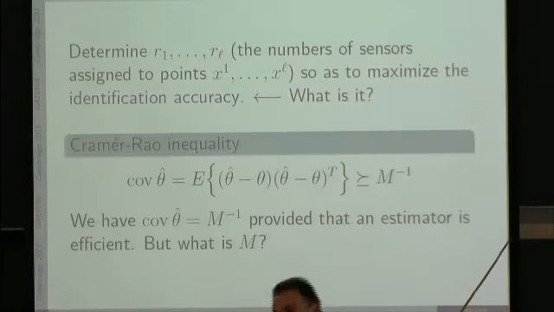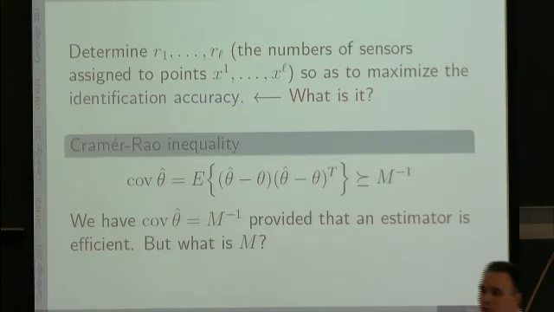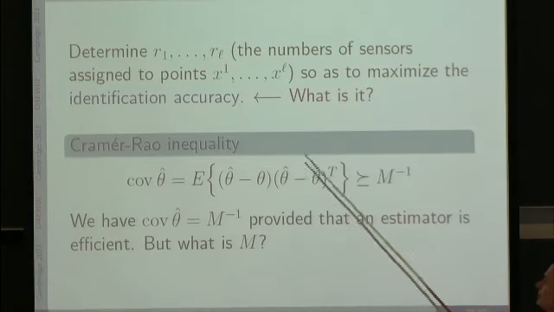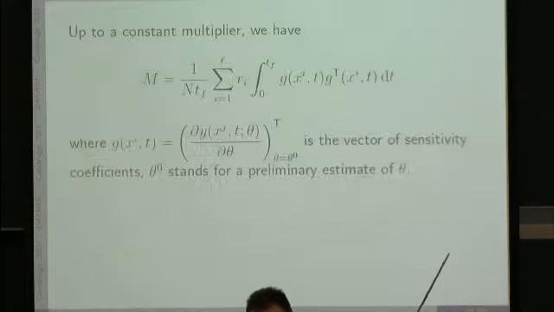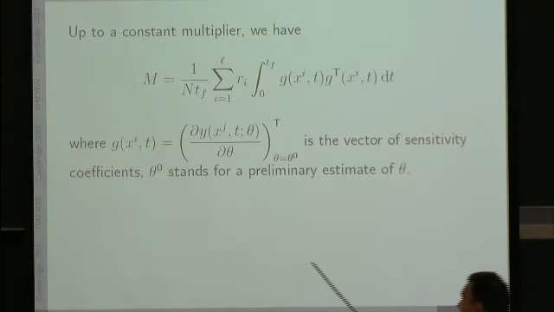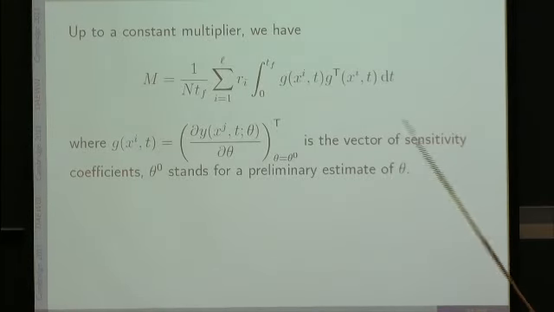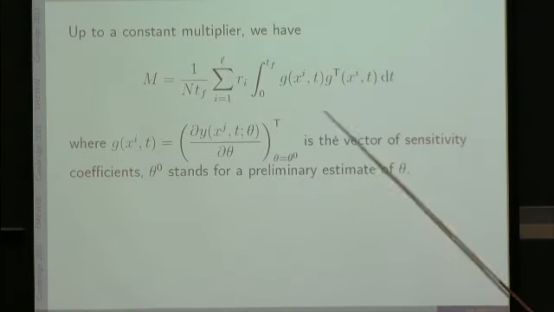What is it? Well, for you it is obvious. We base on some ideas from statistics, the usual Cramér-Rao inequality, and in this inequality we find the information matrix. What is it in our case? After some algebra we can derive the following form of this information matrix.